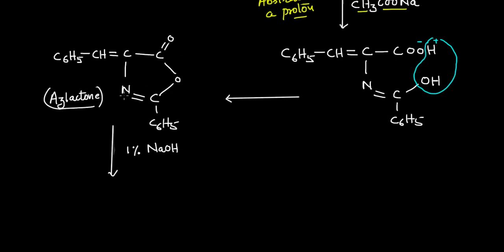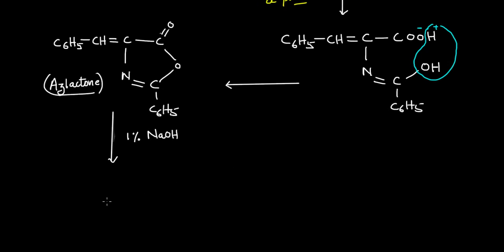This is the azlactone ring because this part is a lactone, and due to the presence of this nitrogen, it is an azlactone. We use 1% NaOH to break this azlactone ring. When we use this, the ring will break like this.